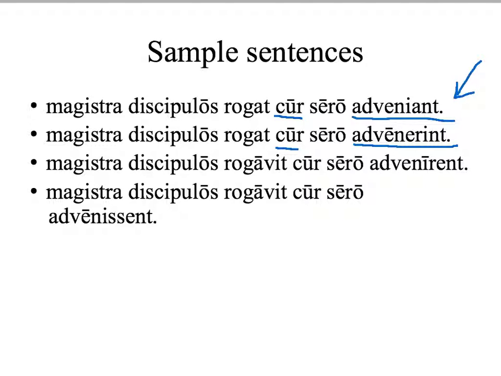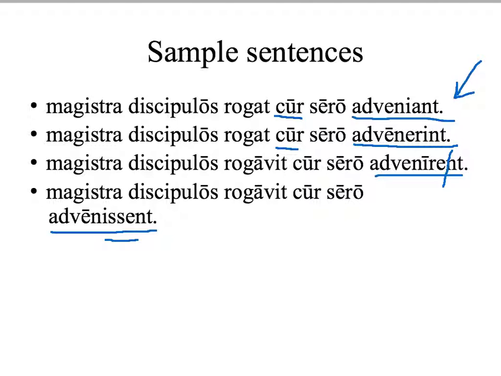Magistra discipulos rogavit cur sero advenirent. Which tense is this? It's my favorite, because if I take the ending off, I'm left with the second principal part, or the present active infinitive. Magistra discipulos rogavit cur sero advenissent.